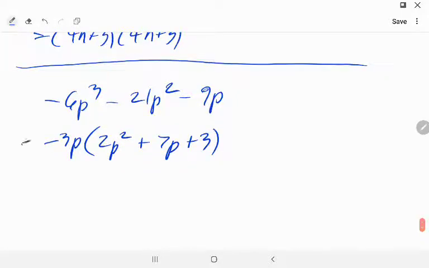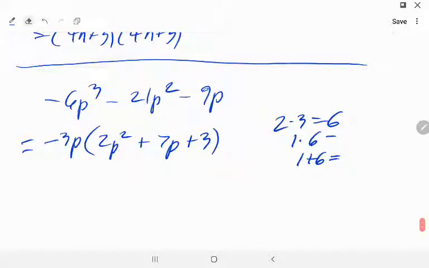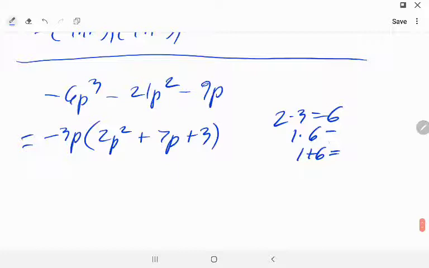And now we notice that we can take 2 times 3 is 6, 1 times 6 equals 6, 1 plus 6 equals 7.